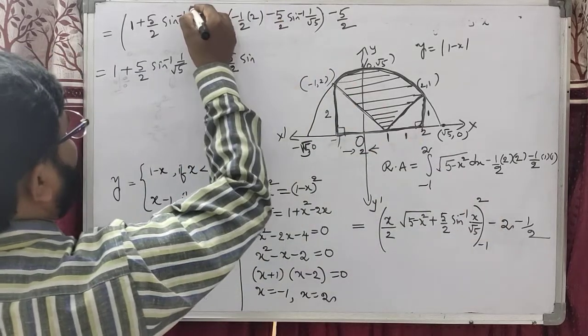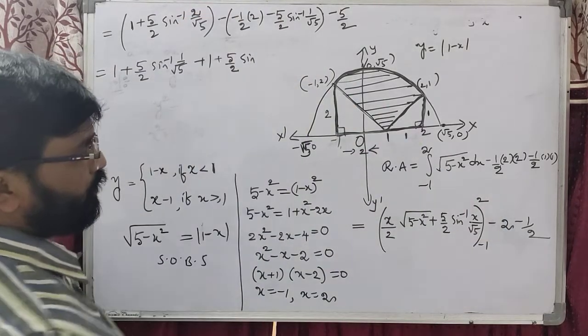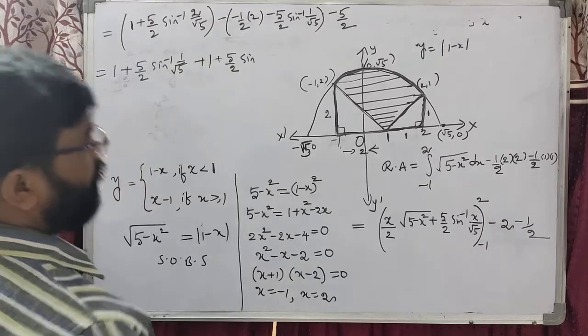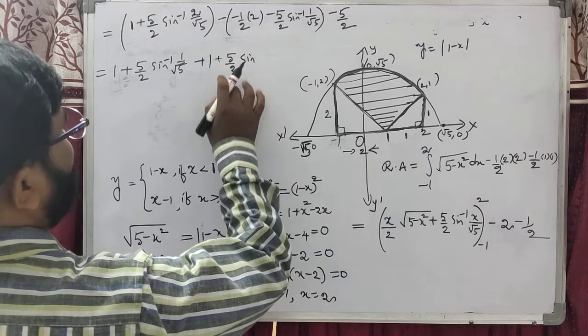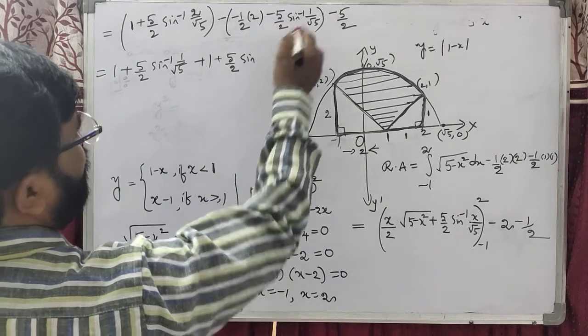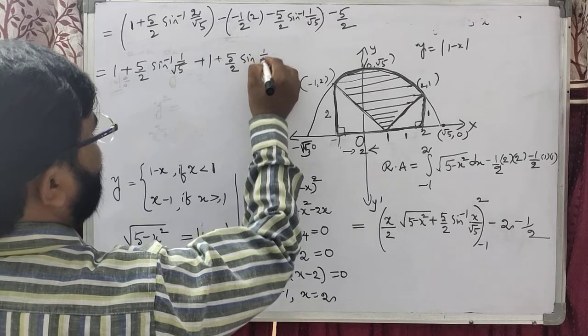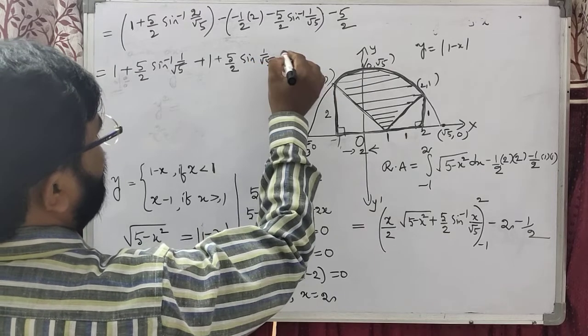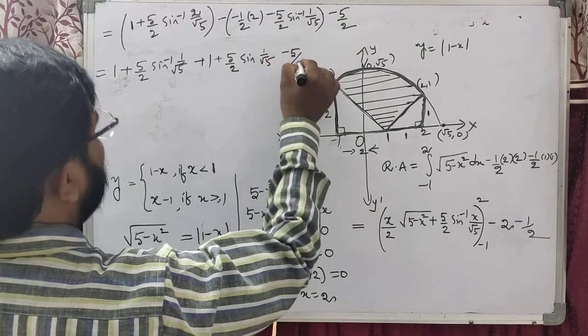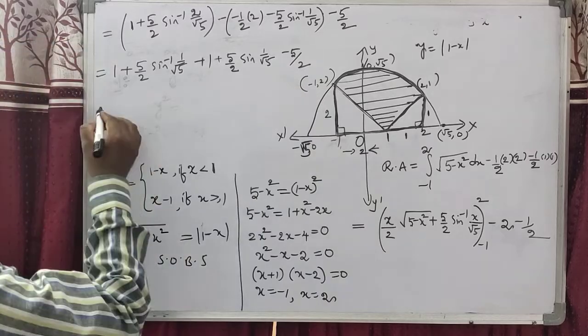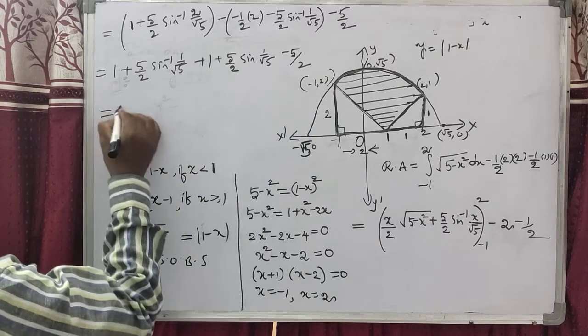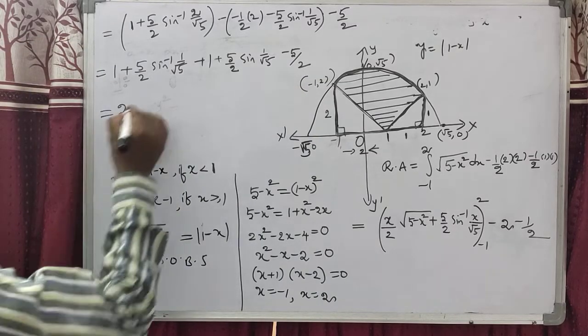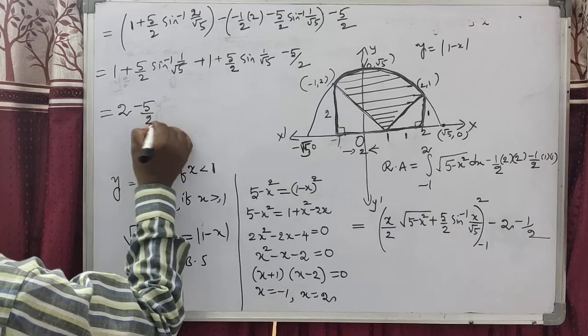This is 2 by root 5. Okay students, now this is 5 by 2 sine inverse of 2 by root 5. The last one is minus of 5 by 2. Dear students, 1 plus 1 is 2 minus 5 by 2.